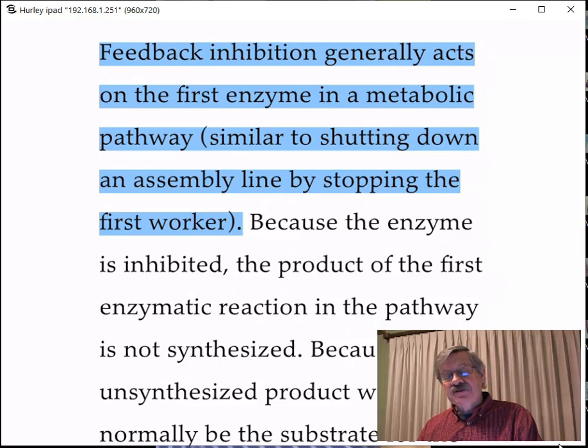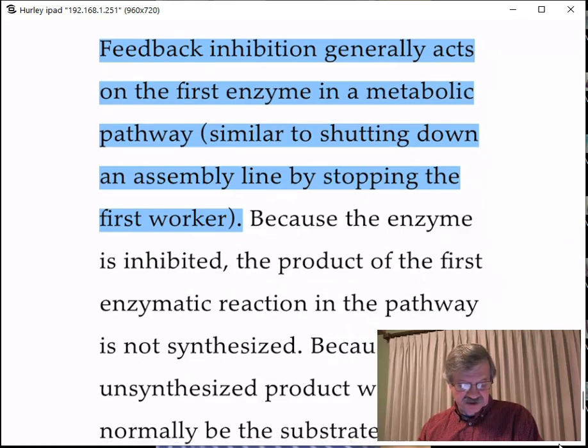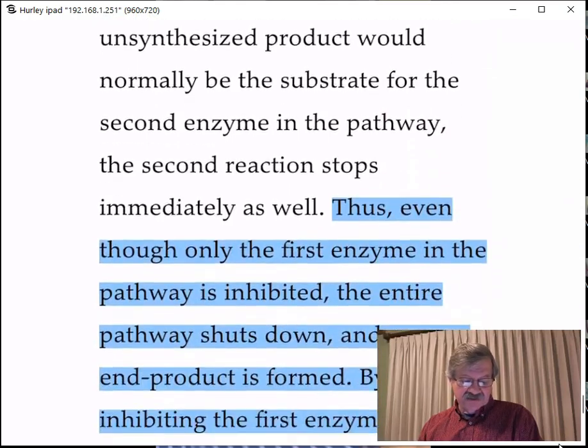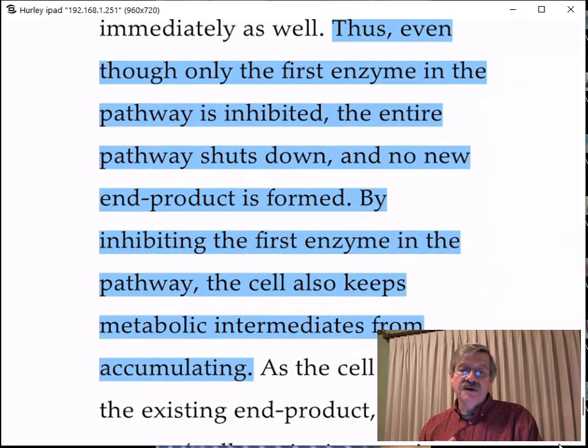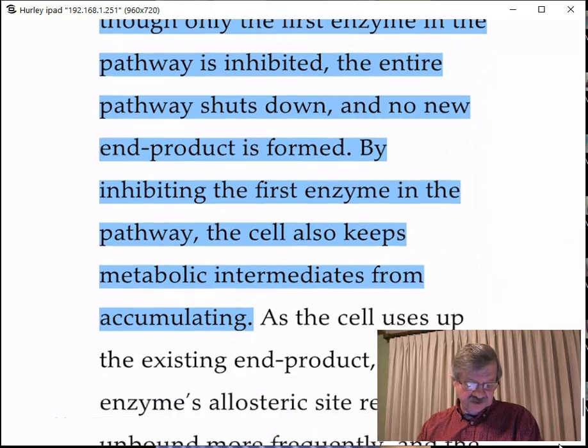Because otherwise, one of those intermediates is going to begin to accumulate. And sometimes an intermediate compound accumulating can actually cause damage to the cell. Okay? And then right there it discusses that in your textbook.